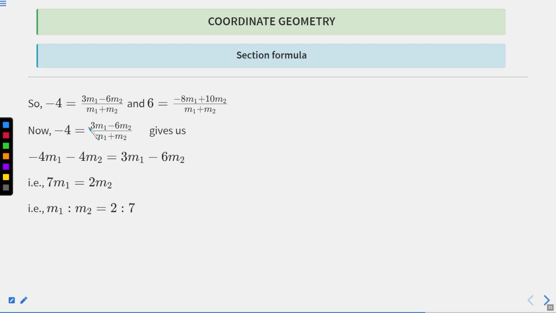Okay, so now -4 gives us this equation: -4 m1 minus 4 m2 is equal to 3 m1 minus 6 m2, and if we simplify this, then we get the relation 7 m1 is equal to 2 m2. Okay, that is m1 is to m2 is equal to 2:7.